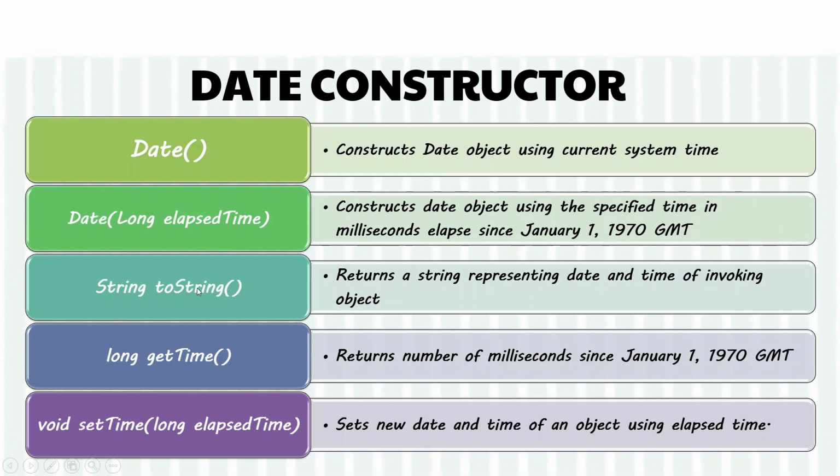The toString method returns a string representing the date and time. getTime returns the number of milliseconds since January 1st, 1970 GMT. This getTime method will return a long value representing the time in milliseconds. And then we have setTime. It will set a new date and time of an object using elapsed time. It takes a long value representing the time in milliseconds as an argument.